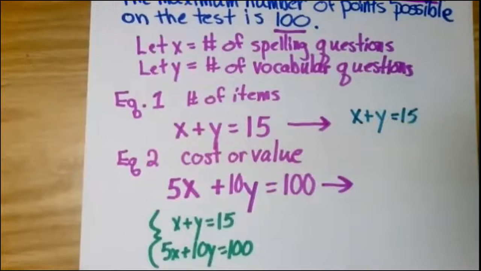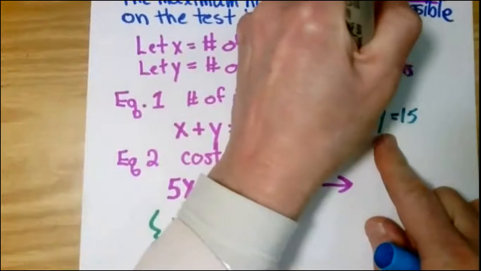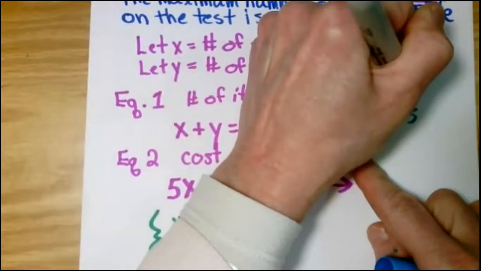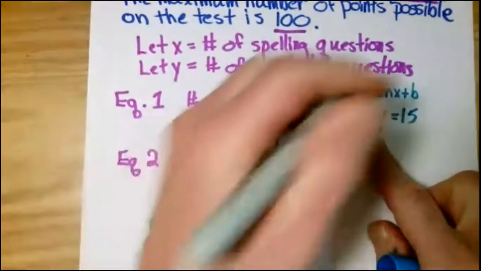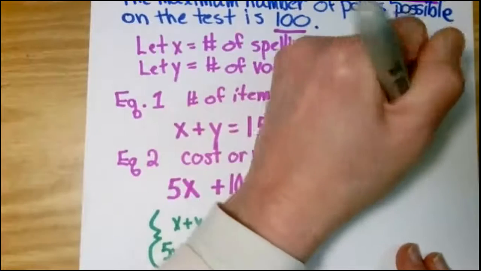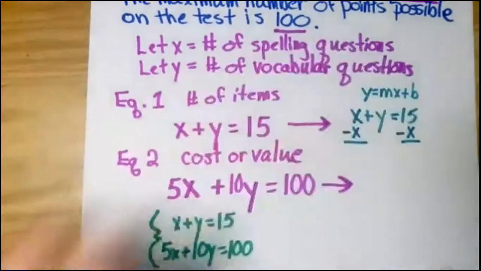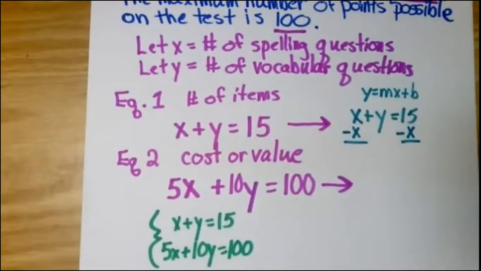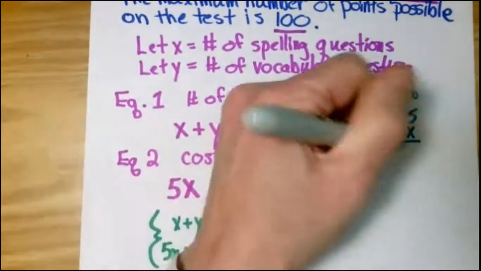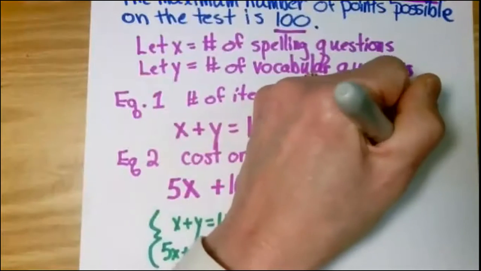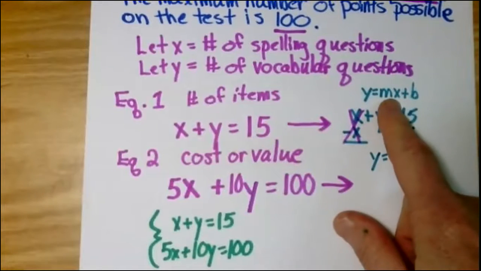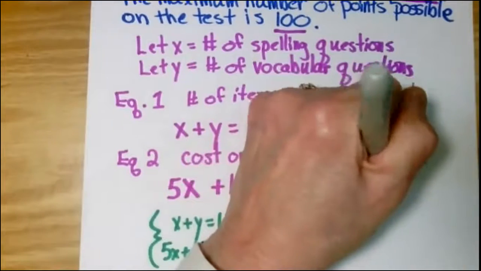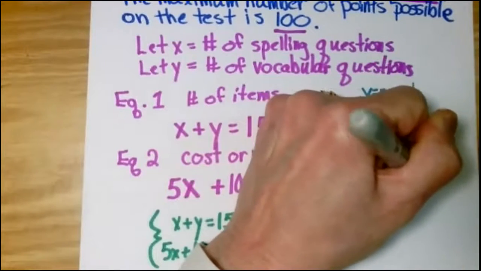And we want to get y on one side because we need it in the format of y equals mx plus b. So we got to get y by itself. To do that, we're going to subtract x from both sides. The two x's will cross off because they become a 0, and we'll be left with y equals 15 minus x. Rearrange it so mx is first and then b is second. Y is equal to negative x plus 15.